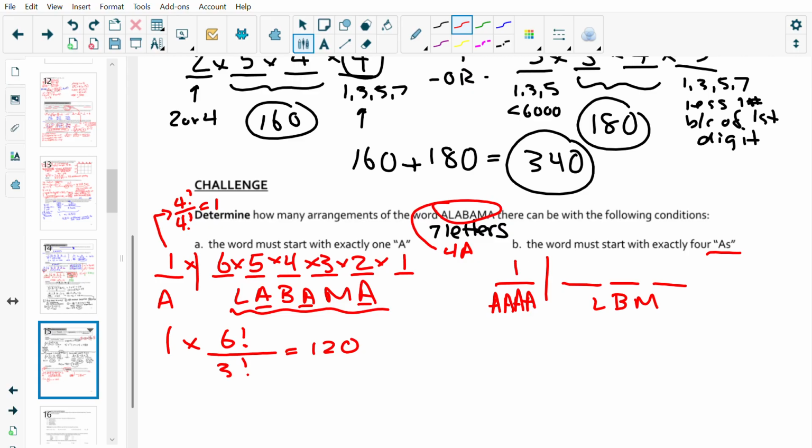Well, there's exactly 4 A's in Alabama. Okay, there's only one way to do that. And then L, B, M, there's 3 letters times 2 letters times 1, when you're making choices. So how many different arrangements? That's 1 times 3 factorial, and that equals 6.